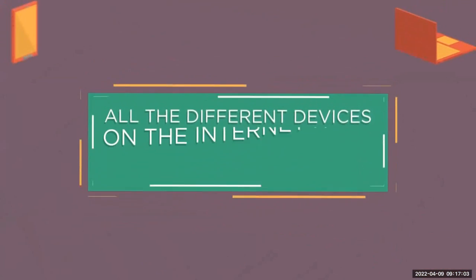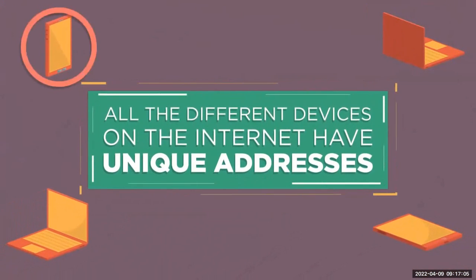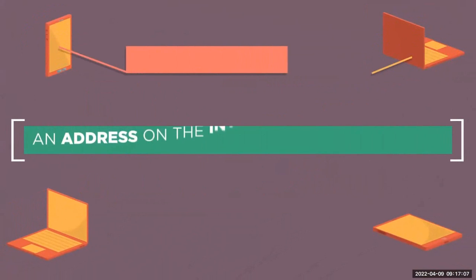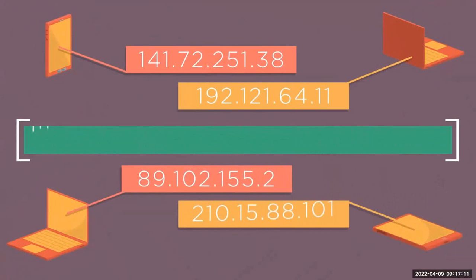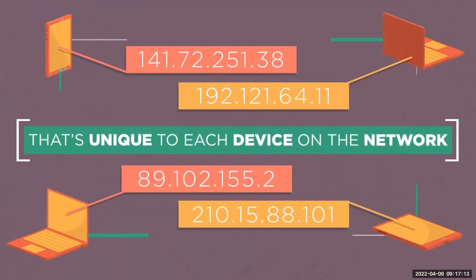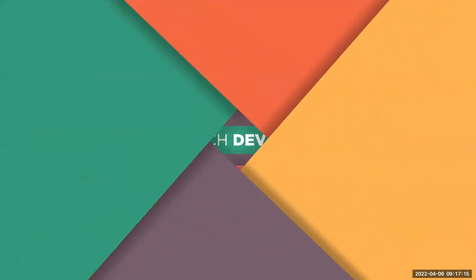All the different devices on the internet have unique addresses. An address on the internet is just a number, similar to a phone number or a sort of street address that's unique to each computer or device at the edge of the network. This is similar to how most homes and businesses have a mailing address.